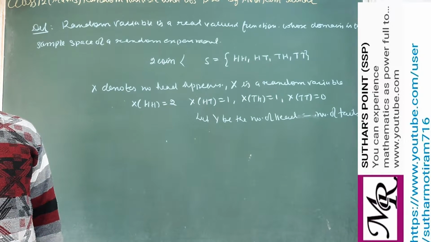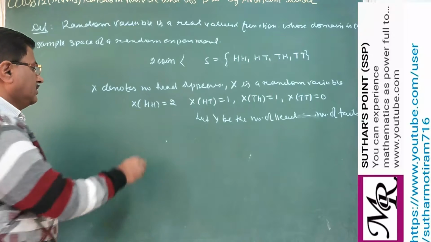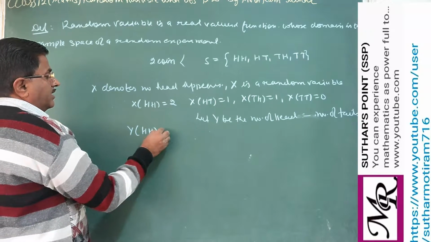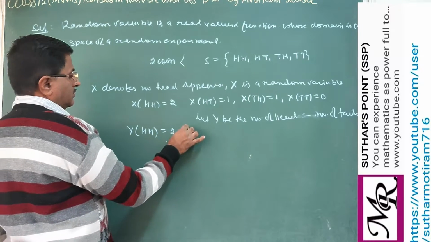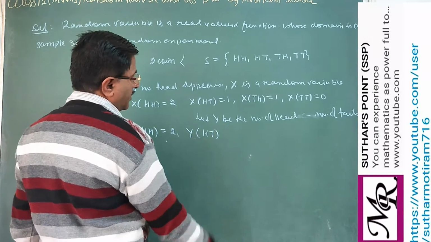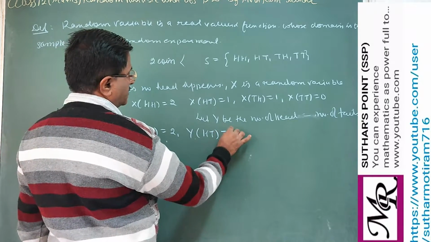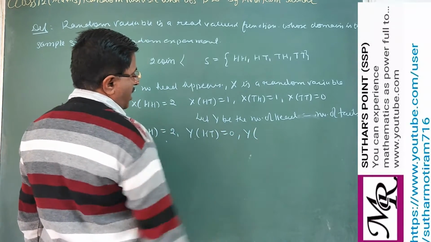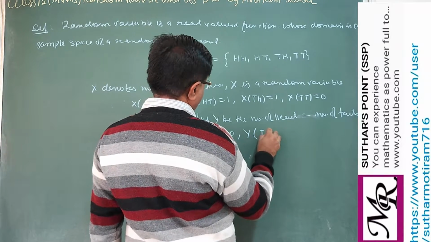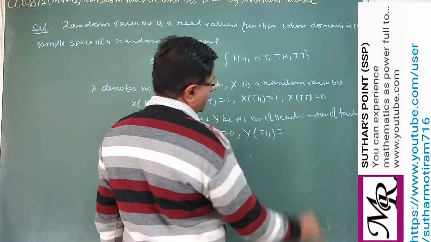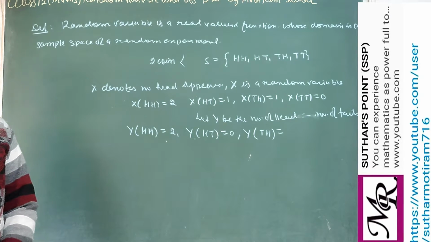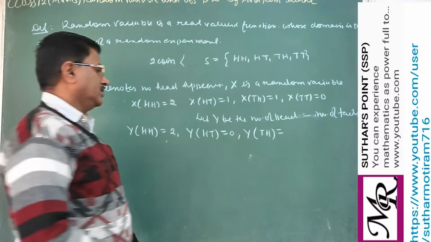So we want to know how many heads there are. Both heads, minus tail, 0. Head 1, tail 1, so that is also 0.